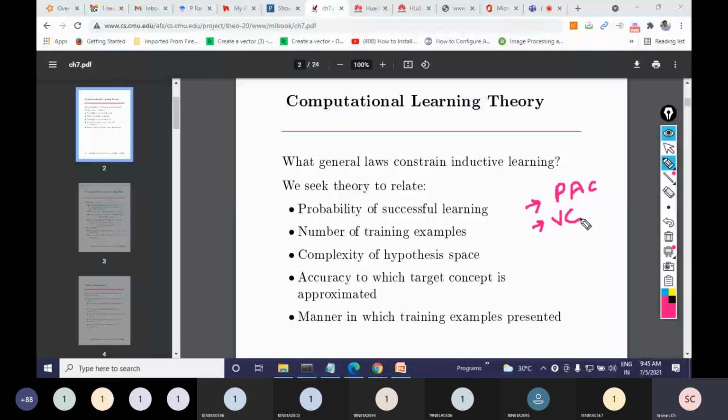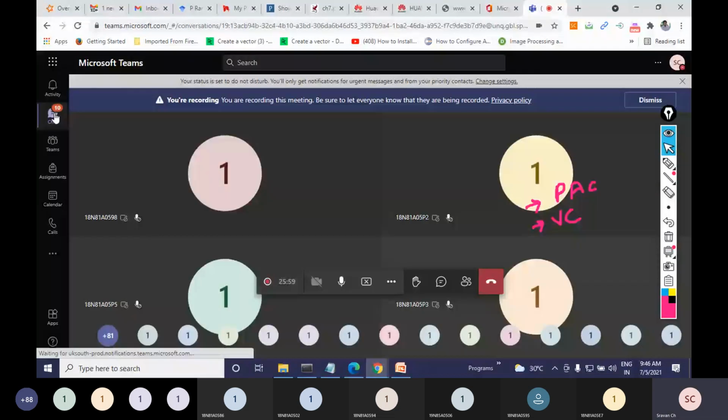Can anybody guess? Any guesses? You can respond in the chat box. Why don't these machine learning models offer you 100% accuracy?